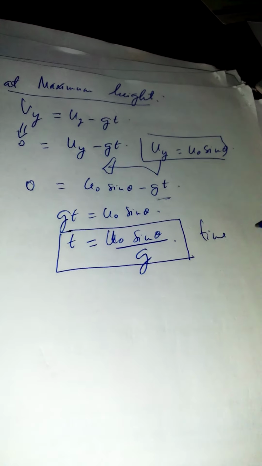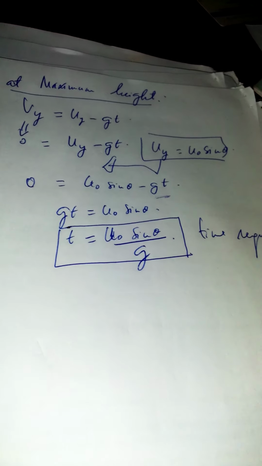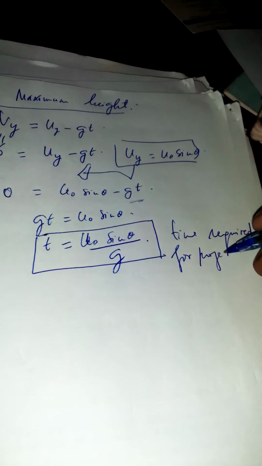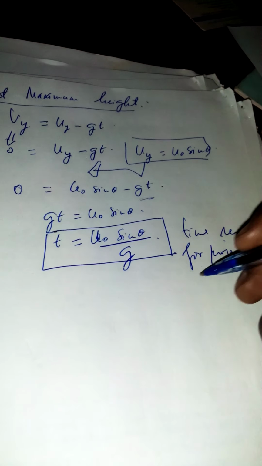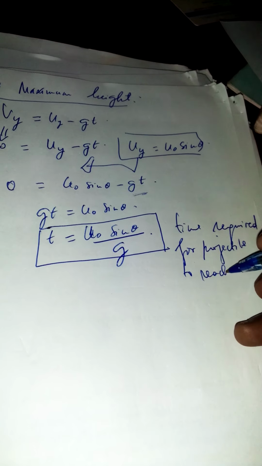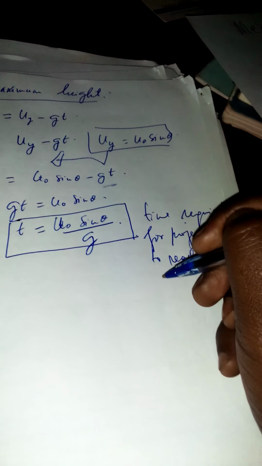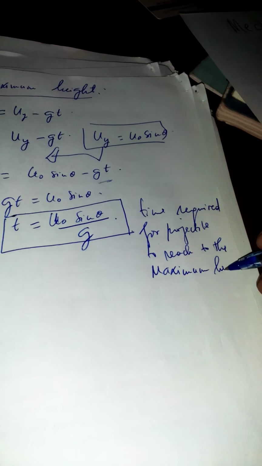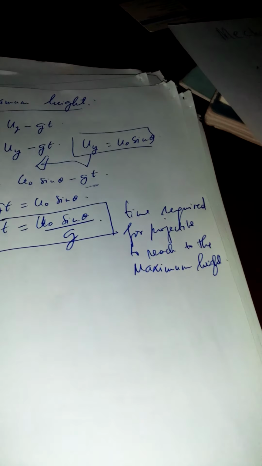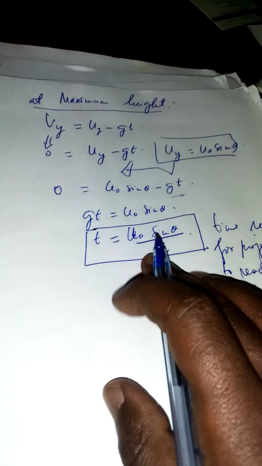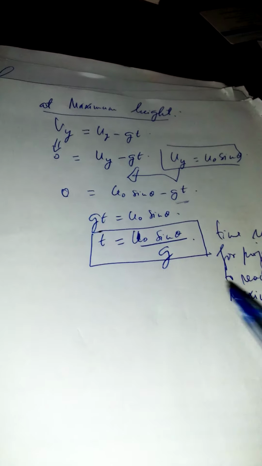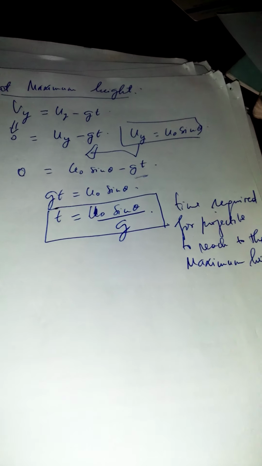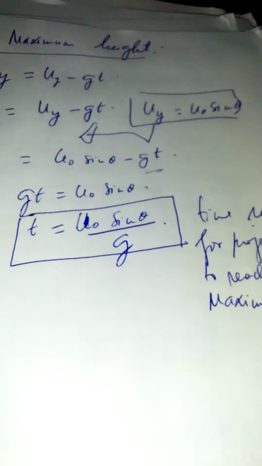The time required for the projectile body to reach the maximum height is calculated using this formula: u0, the initial velocity of the projected body, times sine theta, over g.